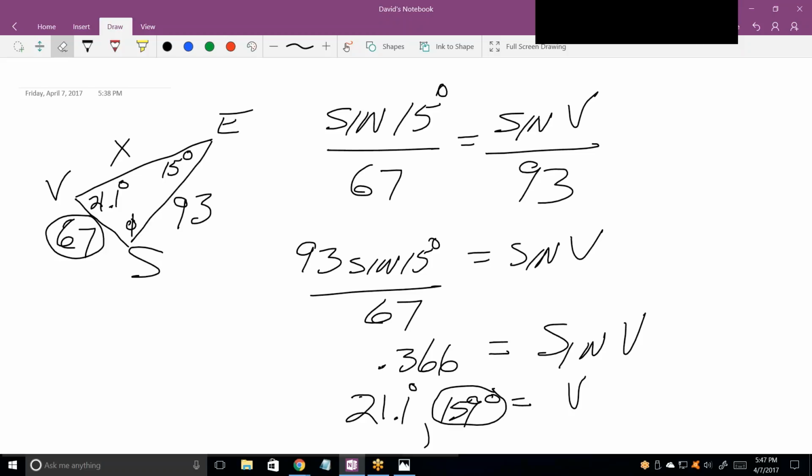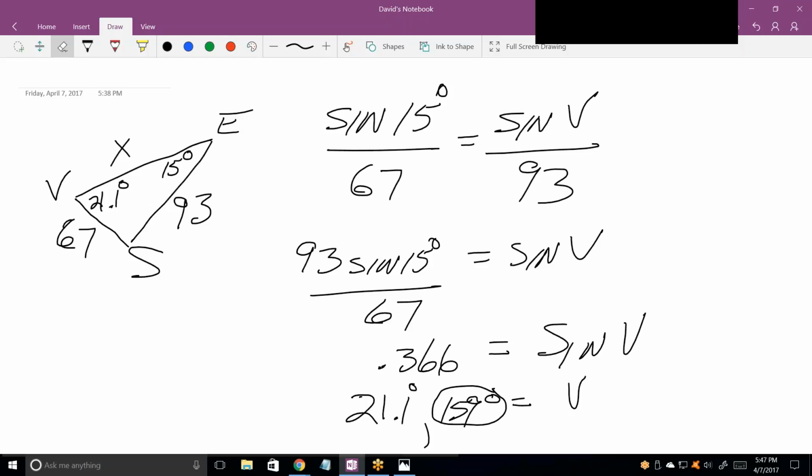So there's, first of all, let me erase that. That's not what we were able to solve for. We were able to solve for V. In other words, whenever you're using the law of sines, where you have an angle and its opposite side, then the next thing you have to solve for is whatever other piece of information you have, which in our case was 93.